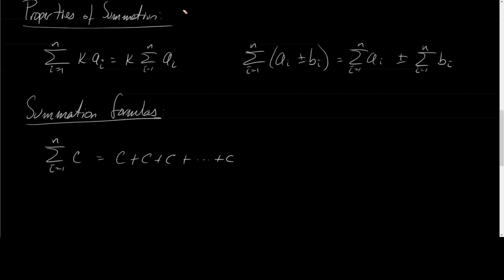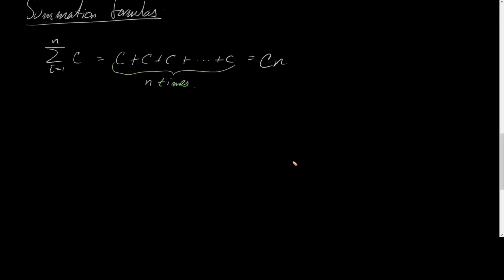We're just adding c n times. And think about it this way. If those were just a bunch of 3's, 3 plus 3 plus 3 plus 3, over and over again, it means that you're going to take the entire amount of them and multiply them by 3. In this case, we're going to multiply them by c. So we have just c times n.